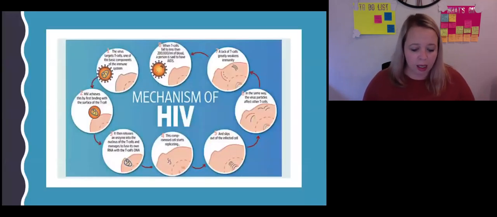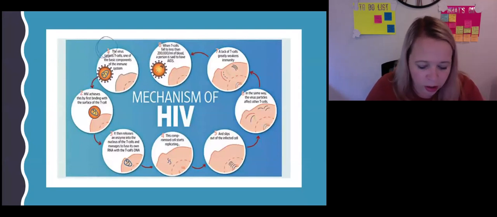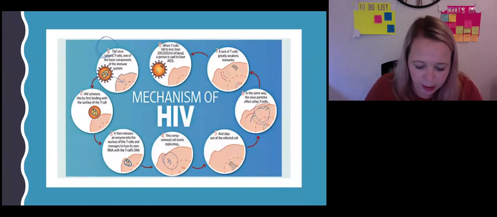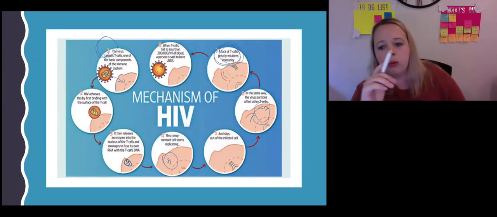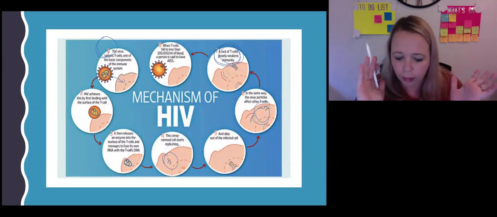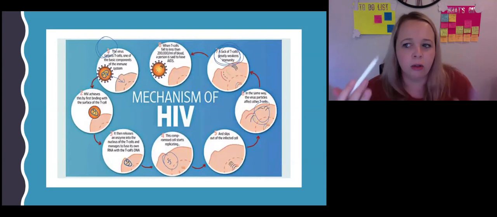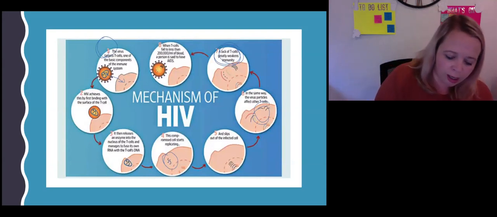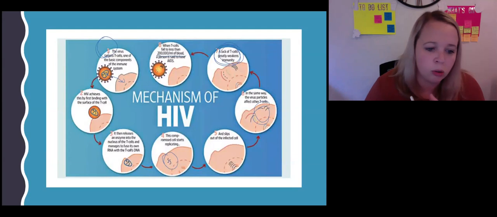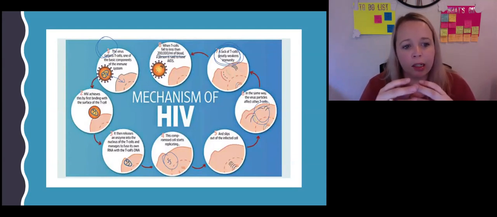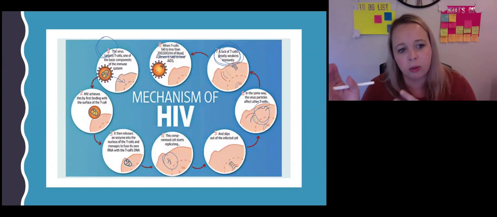So you can see here's the mechanism. We start here. So the HIV virus infects a cell, inserts its DNA, reproduces, and a lack of T cells results. And there are these two words, HIV and AIDS. So HIV is when you've just got the infection, but your T helper cell count is still moderate. When your T helper cell count falls to less than 200,000 per mil of blood, then we classify you as moving to the next stage, which is AIDS.